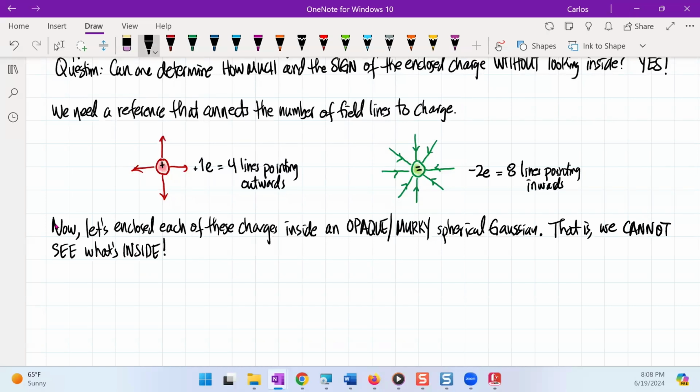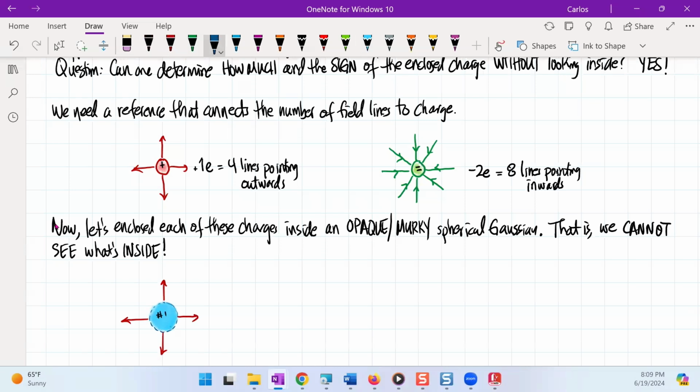So here we go. If I have a charge and I'm going to enclose it with that sphere right there, remember, I can't see inside of it. It's opaque. I'm going to call this number 1, the smaller one. So what do I see here? At the Gaussian surface, all I see is 4 lines popping out.